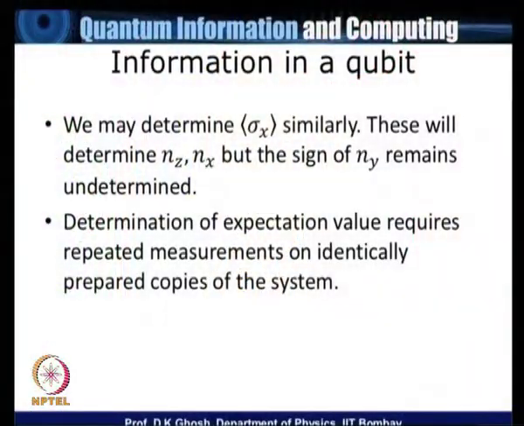So I can calculate the expectation value of sigma x. By that I can find out the directions nz and nx. And remember that nx square plus ny square plus nz square is equal to 1. So by these calculations I can find the values of nz and nx, but the sign of ny will remain undetermined.